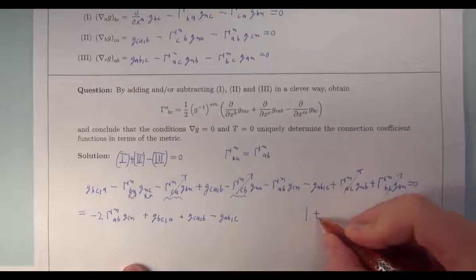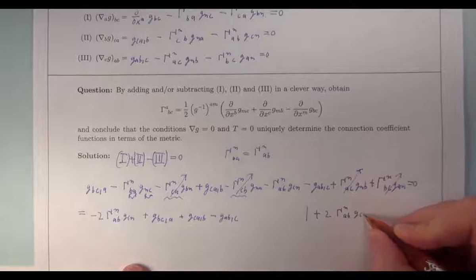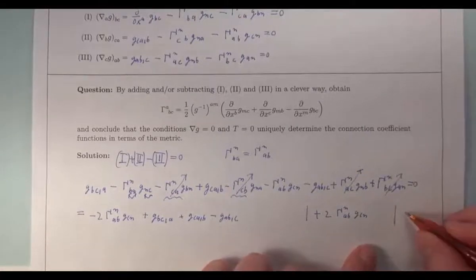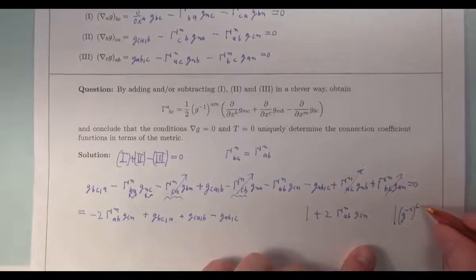So, make plus 2 gamma NAB G_CN and multiply both sides with G inverse CM.